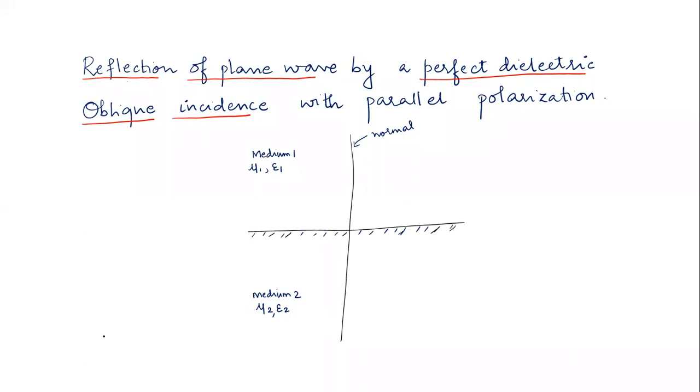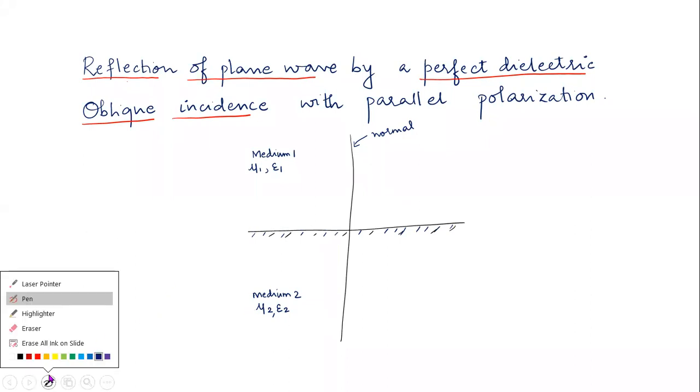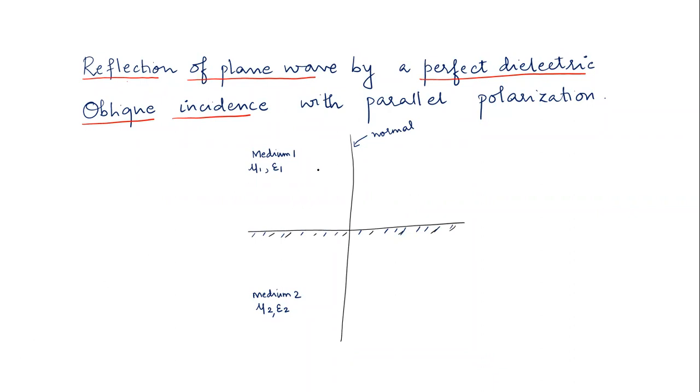Now what we are going to do is draw the ray. So let's say that there is a ray which is coming and striking here. So this is the ray. And it is getting reflected into this medium, that means the same medium, it is getting reflected back.